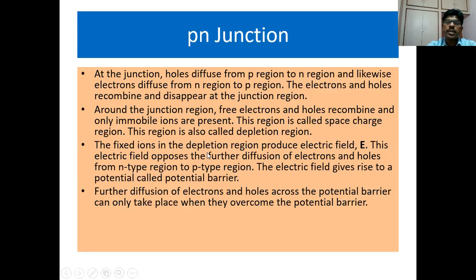The fixed ions in the depletion region produce electric field E. This electric field opposes the further diffusion of electrons and holes from N-type region to P-type region. The electric field gives rise to a potential called potential barrier. Further diffusion of electrons and holes across the potential barrier can only take place when they overcome the potential barrier.